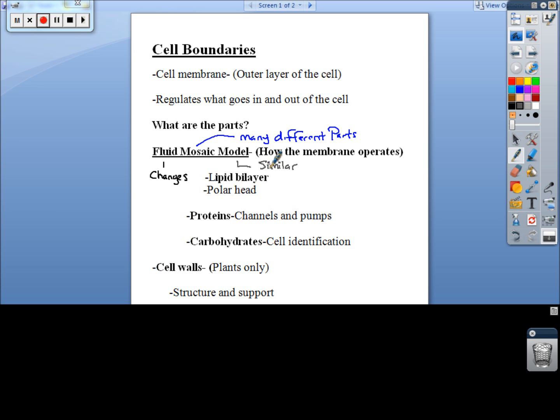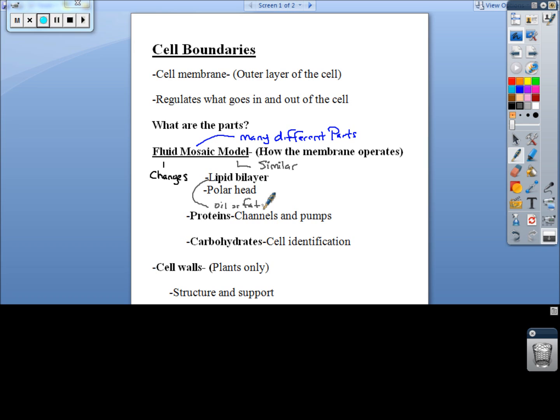Now, you have something called a lipid bilayer. We're going to learn a little bit later in the course about the different kinds of molecules that make up all living things, and a lipid is one of them. A lipid is kind of like an oil or a fat, which is a basic type of molecule made up of specific compounds. We're not going to worry about that right now, but it's a bilayer, which means two layers.